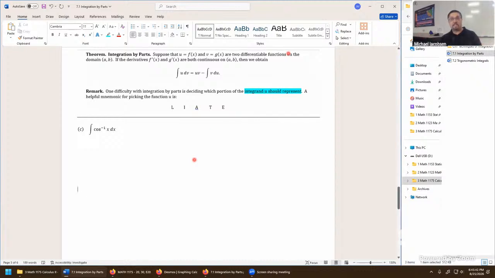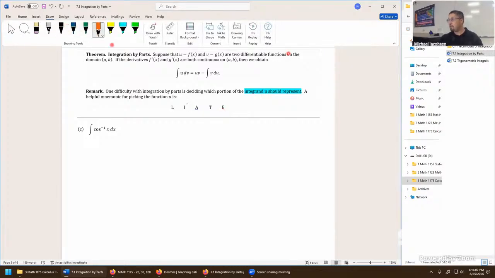You'll notice we kept completely away from these kinds of problems in the Calculus 1 setting, but that's because we didn't have the powerful tools that give us the antiderivative. So let's see how this one goes. The reading in the textbook, I think, does tangent inverse, so you might have seen a similar problem already. The mnemonic here, LIATE, is relevant. We're on this level, I for inverse function.